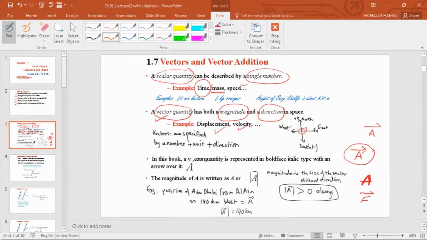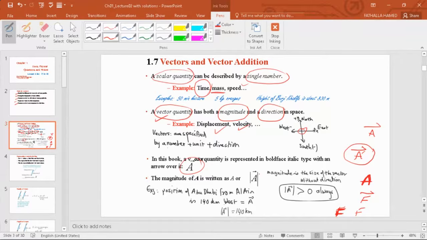In a textbook, when they write it bold, that means it's a vector quantity. When they write it not bold, that means they're talking about the magnitude of this vector. Now, in this textbook, you may actually see the vector with an arrow on the top, which means it's a vector and it's bold, sometimes italic. In some books, maybe it's not italic.